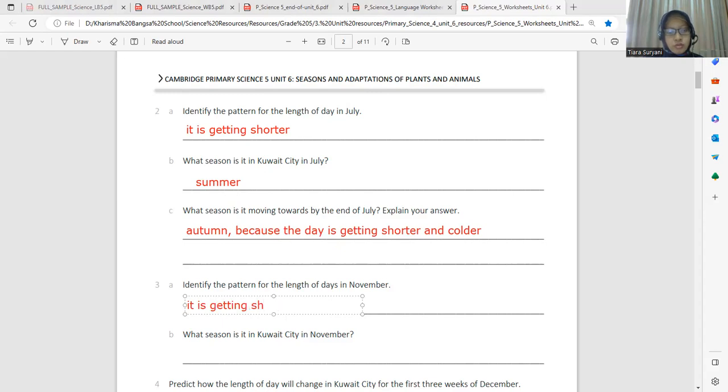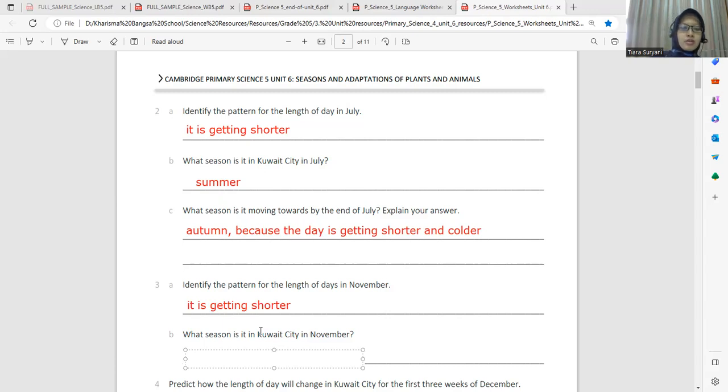In November, it's also getting shorter. In November, what season? November is in between September and December. And we know that the season in September on the northern hemisphere is autumn.